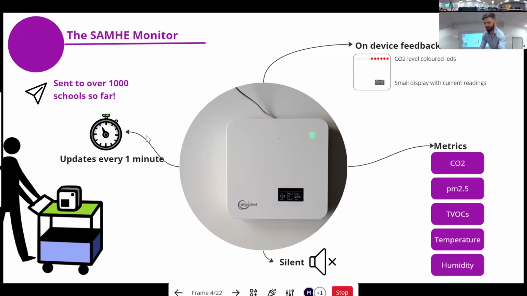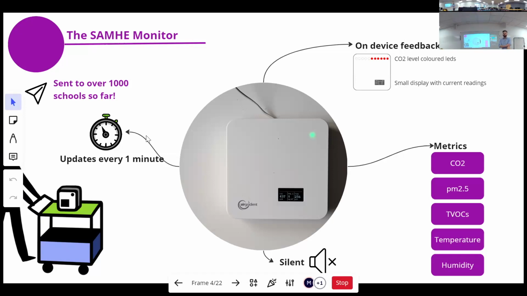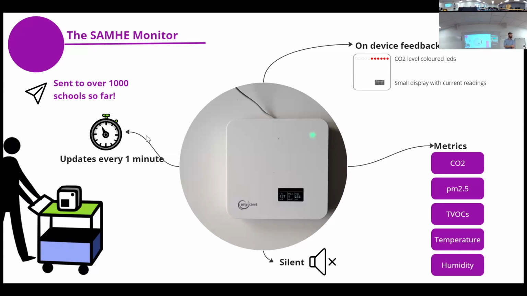So we've sent the monitor to over 1,000 schools so far, which is on the surface a success. But then we've had a massive issue with dropout. The first thing was just connecting the monitors, engaging with schools' Wi-Fi, and every single school had a different setup.